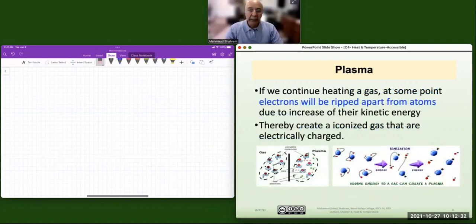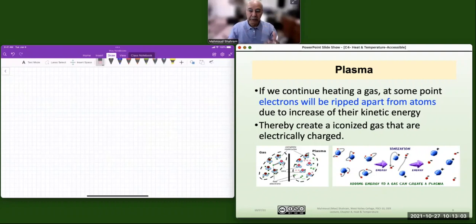Then if you heat up the gas enough, what you will do is take these molecules and atoms and strip off the electrons from them, because now the outermost electrons are experiencing energy from the heat, and they can disconnect themselves from the atoms or molecules.